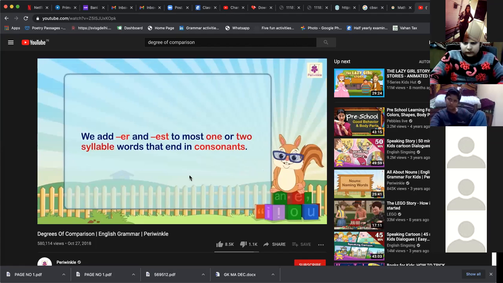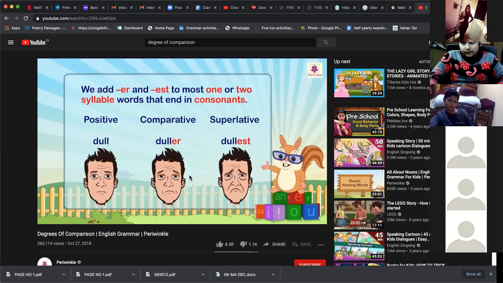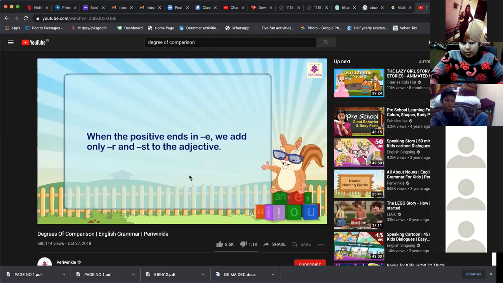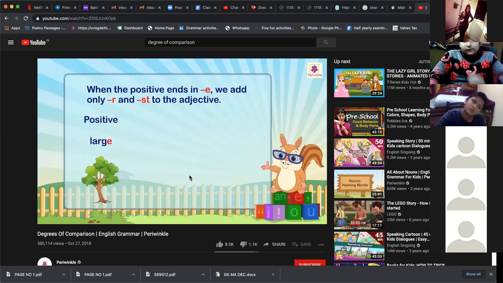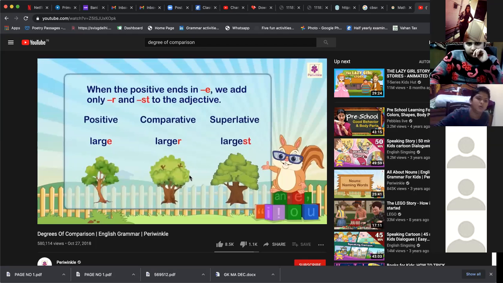For example, dull, duller, dullest. When the positive ends in E, we add only R and ST to the adjective. For example, large, larger, largest.